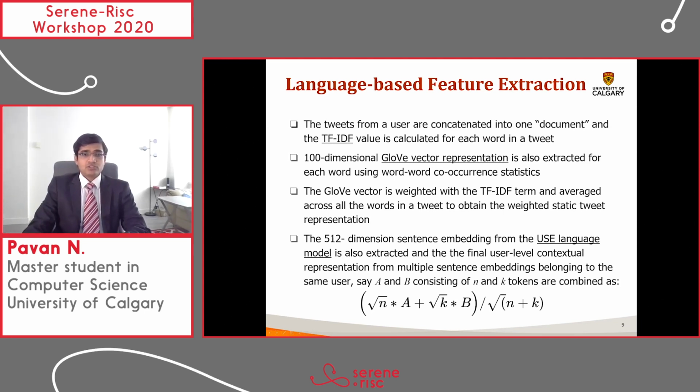And along with that, we use the 100-dimensional GloVe vector representation, which extracts the real valued vector representation from words using co-occurrence statistics.